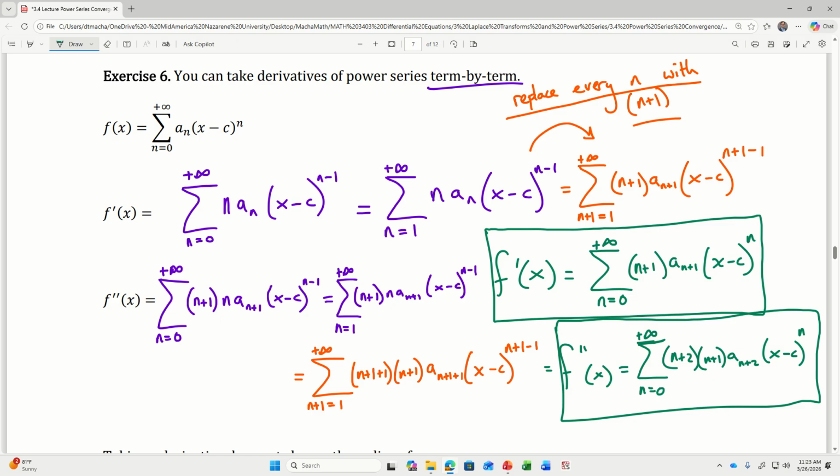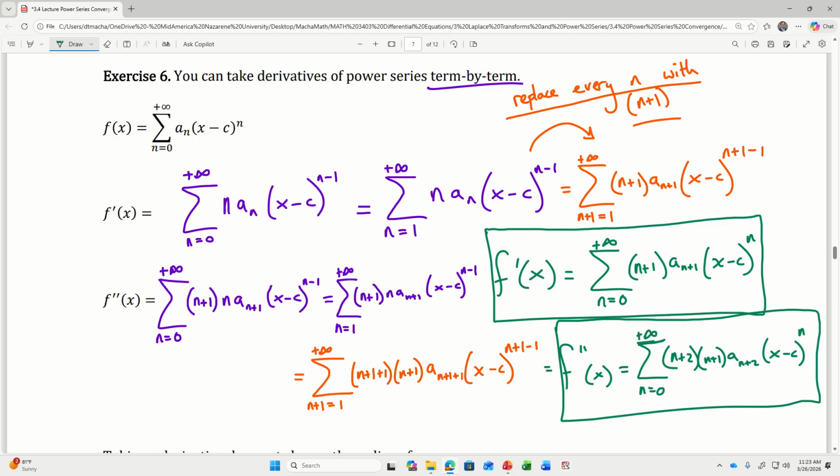The reason this is important next week is we're going to have second order ODEs that have the second derivative of a function and the first derivative of the function and the function itself in the ODE. And what we're going to do is replace the function with a generic bland old power series like this. And we're going to replace the first derivative of that function with this power series.